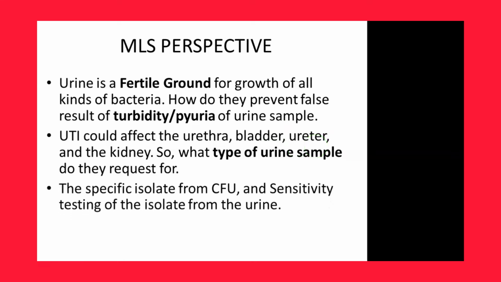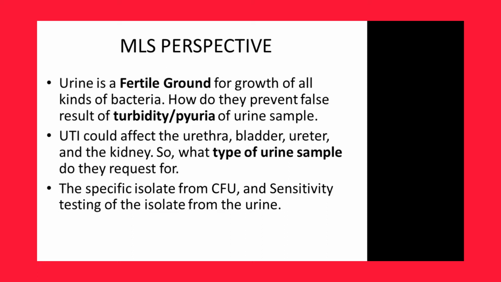The specific isolate from the count, colony forming unit, and sensitivity testing of the isolate from the urine. These are germane questions you ask yourself, because when you have too many organisms growing, it tells you that must be the organism causing the problem.